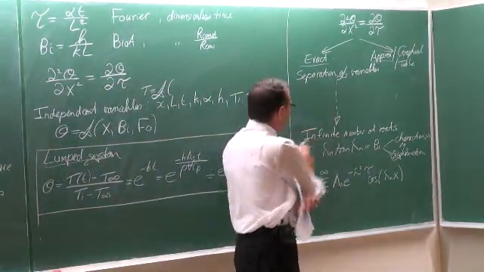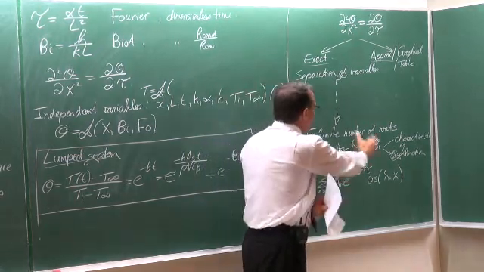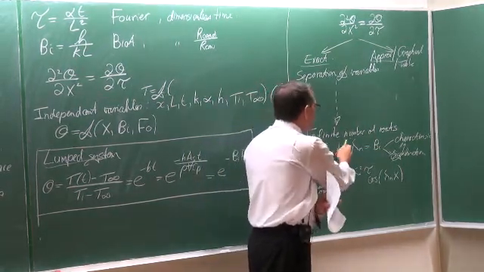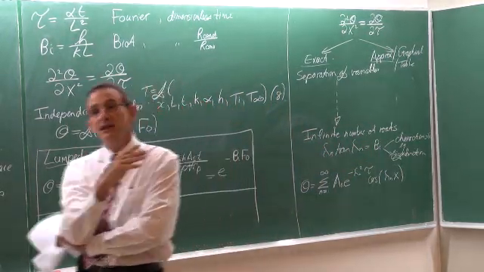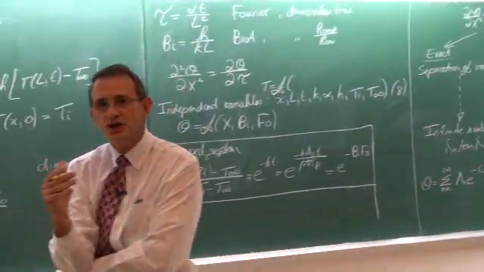Using the separation of variables method, we get the eigenfunction. This eigenfunction has lots of solutions. It's not only one solution, it's an infinite series of solutions.